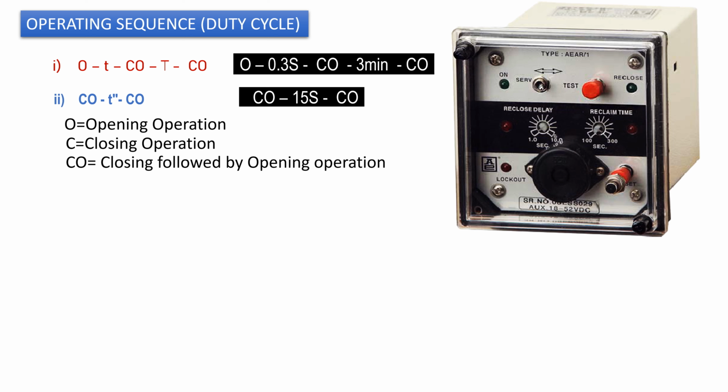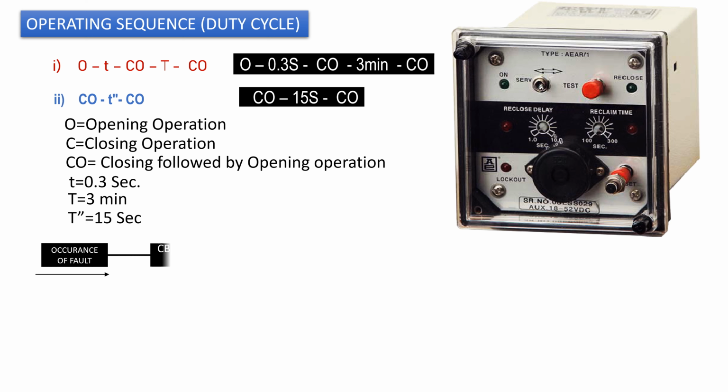CO, closing followed by opening. Small t is 0.3 second, capital T is 3 minutes, T dashed is 50 seconds. Occurrence of fault. O, opening due to fault. A 0.3 second interval. Then C, auto closing.